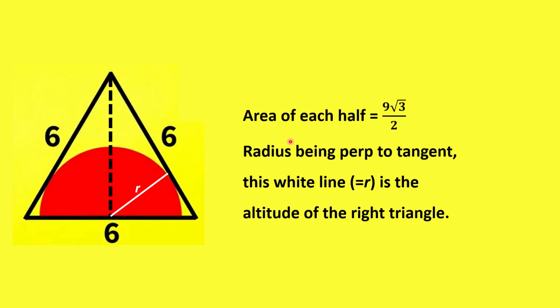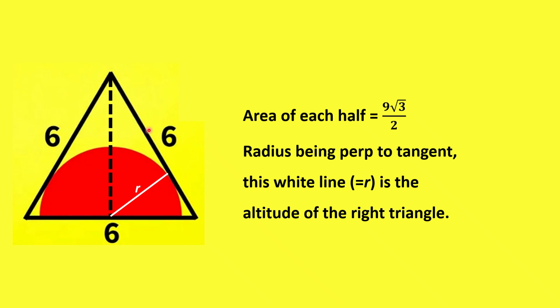Now we already know that the area of each half of this equilateral triangle, that is each of the right angle triangles, is 9 root 3 by 2. You can see the right angle triangle blinking. The radius is perpendicular to the side of the triangle, which is a tangent.